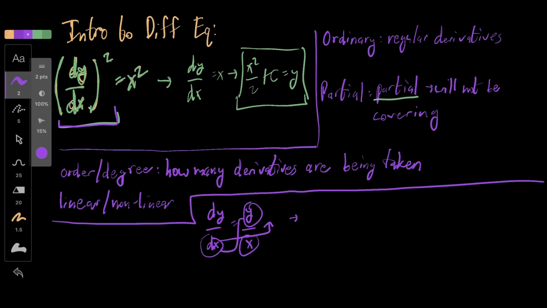Well, that would give us dy by y is equal to dx by x, and we would integrate that. And we would realize that the solution to this equation is just y is equal to c times x.